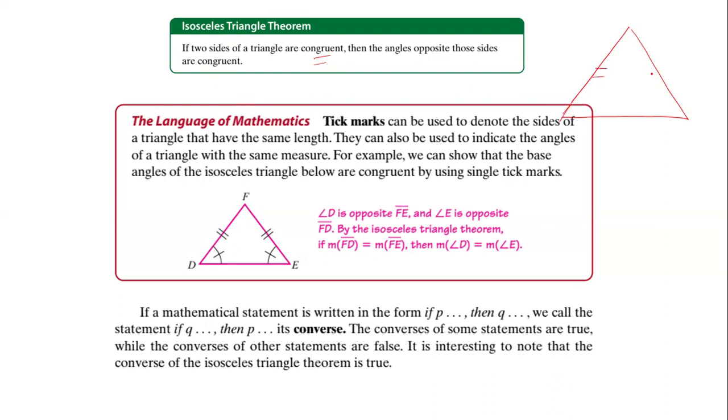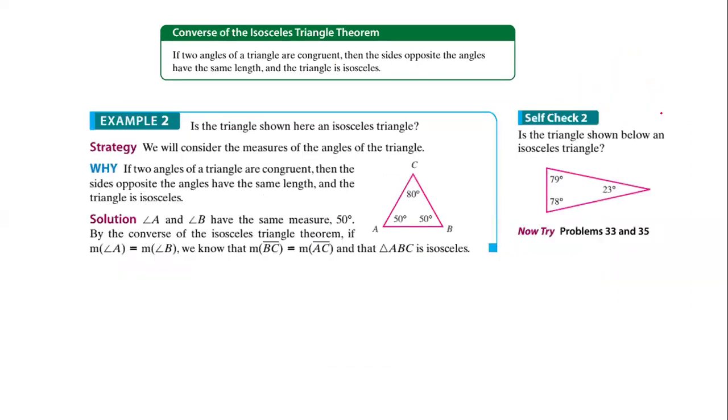If two sides are equal, meaning congruent, then its opposite angles, this one and this one, these two angles will automatically be equal. If this is of 30 measure, this will be 30. For 60, that will be 60. This is a theorem, but we are not interested in its proof.